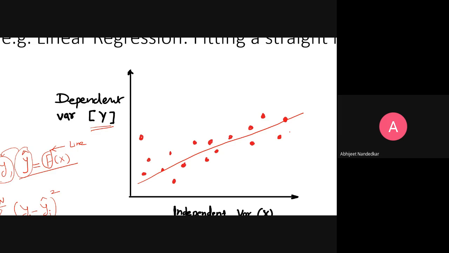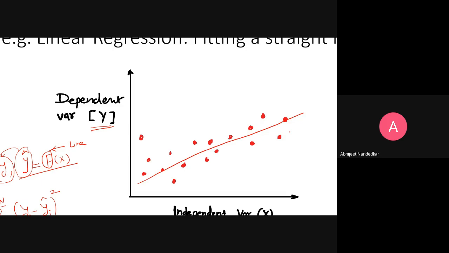So we predict individual y caps and then compare with the corresponding actual values, and take the difference squared. Then we add all together. So this becomes my overall error of the system.